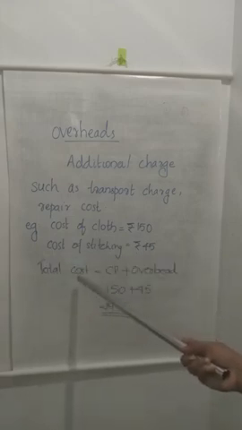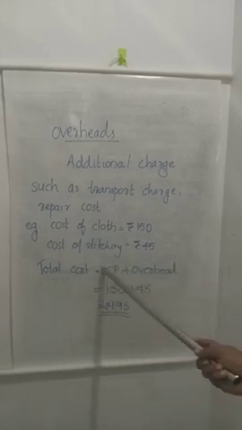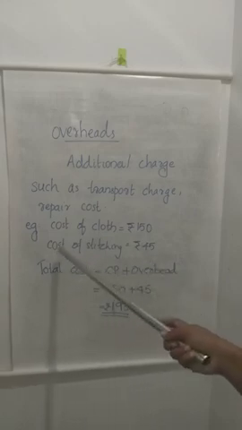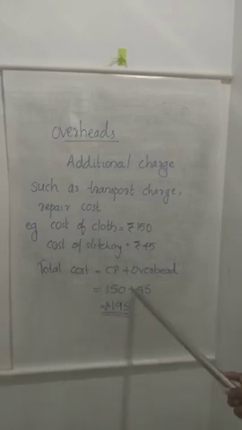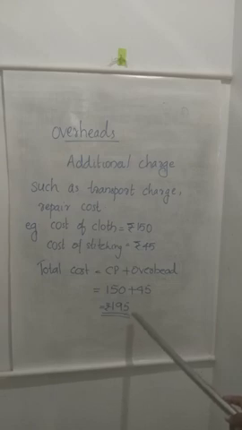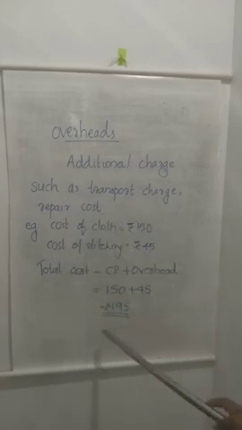So, how can we find the total cost? Total cost is equal to given cost price plus the overhead. What is the overhead here? Cost of stitching is the overhead. So, total cost is 150 plus 45, rupees 195. So, in this case, the CP will be what?